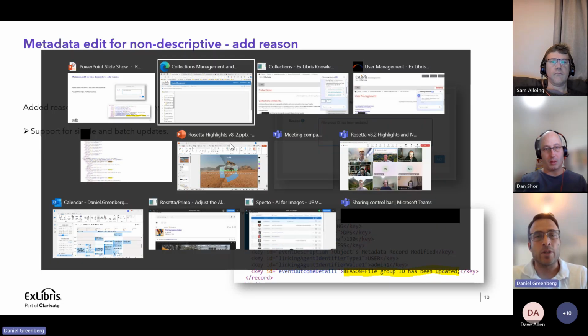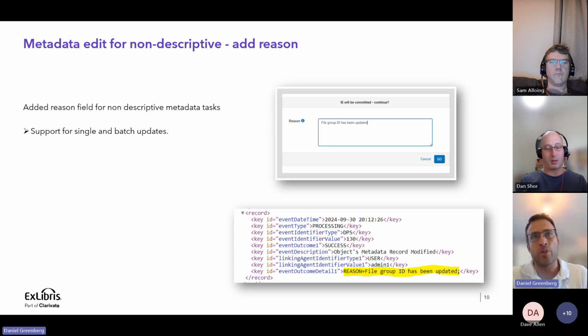Let's see what this looks like, because we slightly changed the user experience of what we introduced in the previous release, where the support was just for descriptive metadata. Now in a single commit, you could in theory make several changes to descriptive and non-descriptive metadata. The assumption here is that in a single session there is a single reason for those changes.